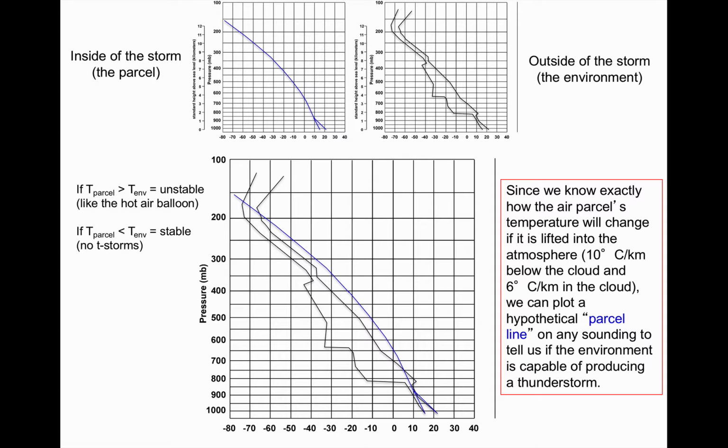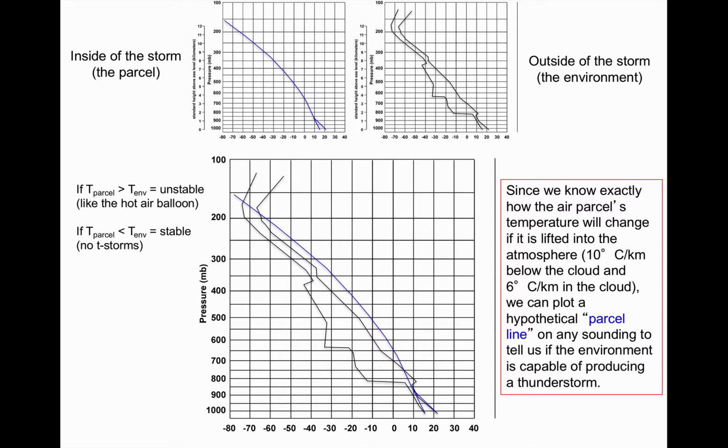When you're looking at this, here's the key thing to remember. That blue line is a parcel line. The black lines represent the temperature of the environment and the dew point temperature of the environment. If the temperature of the parcel is warmer than the temperature of the environment, the atmosphere, wherever that's true, is unstable.